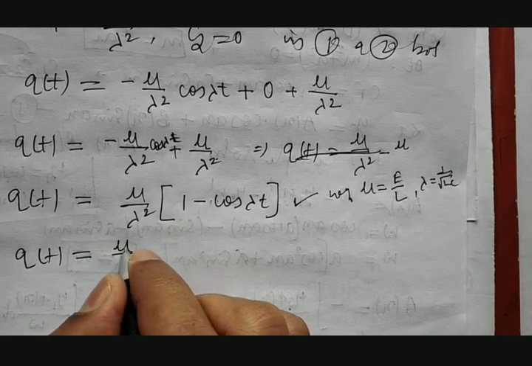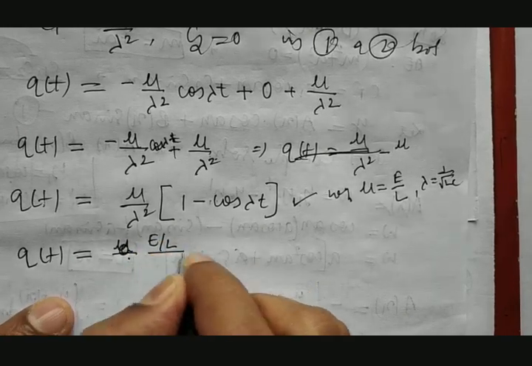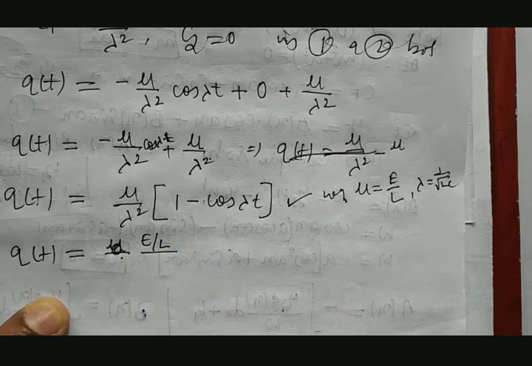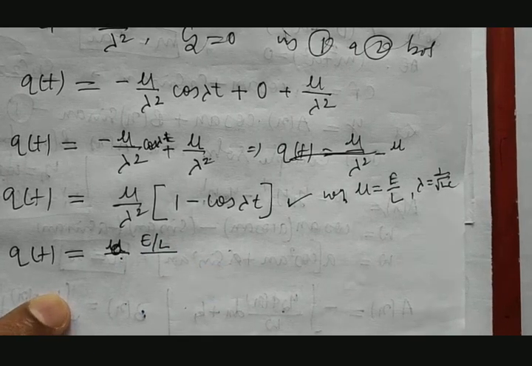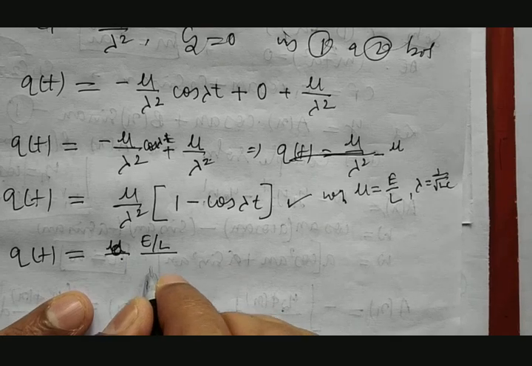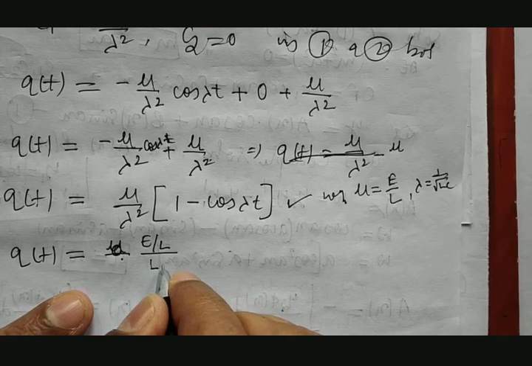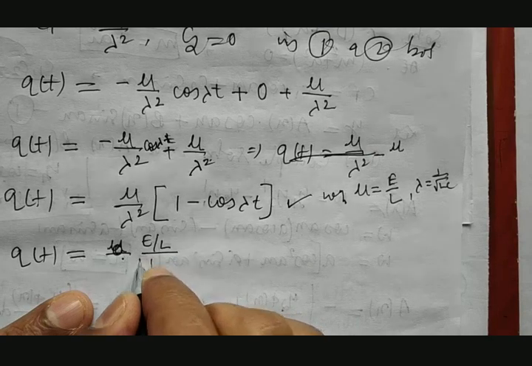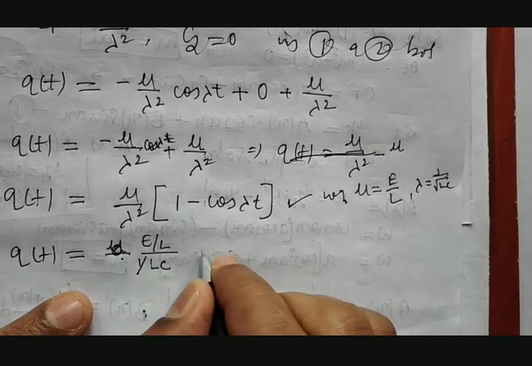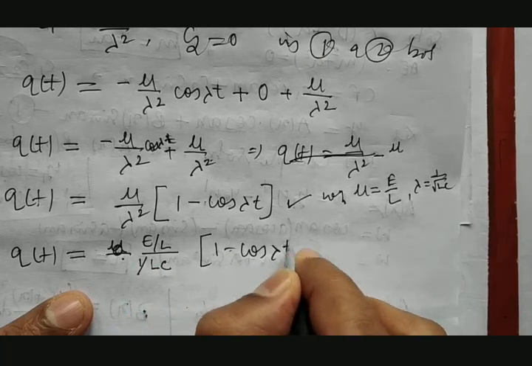Mu is nothing but E by L, divided by lambda square, which is 1 divided by LC, into 1 minus cos lambda t.